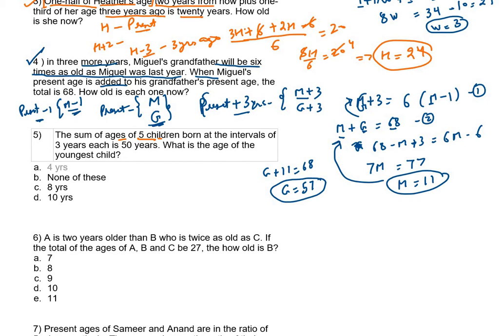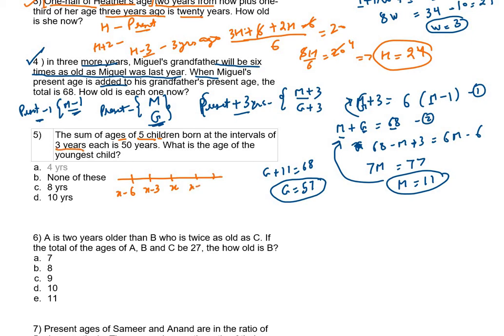So the sum of ages of 5 children born at the intervals of 3 years. So the 5 ages are, let's draw a number line. Let's say if we take this to be x, this is x minus 3 and x minus 6. We are taking at the interval of 3 years each, right?